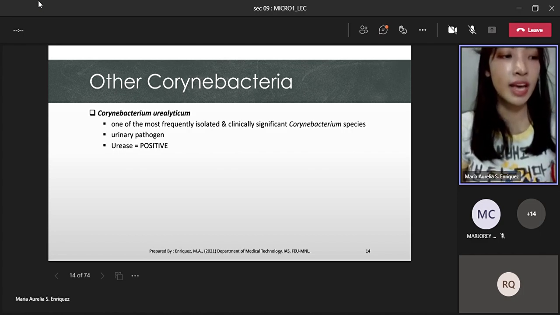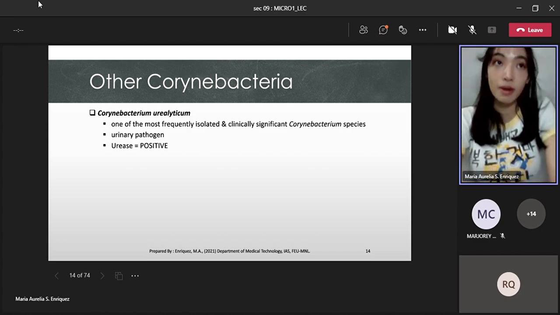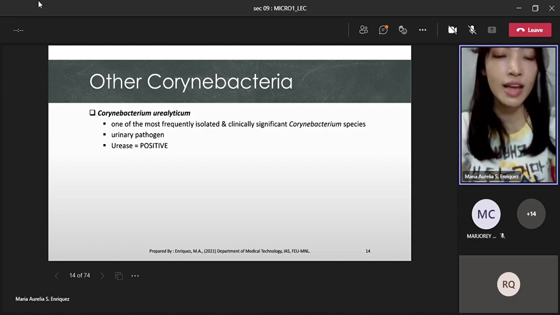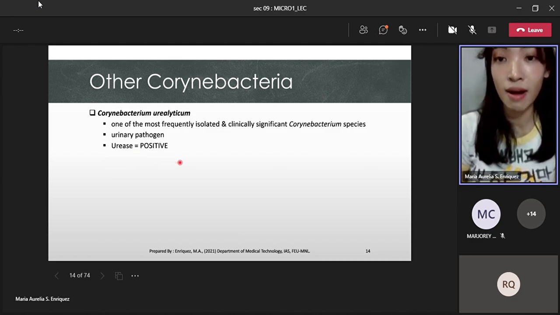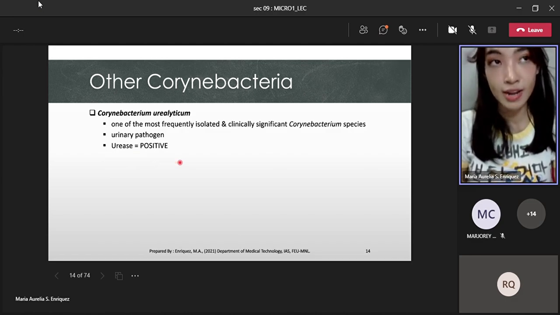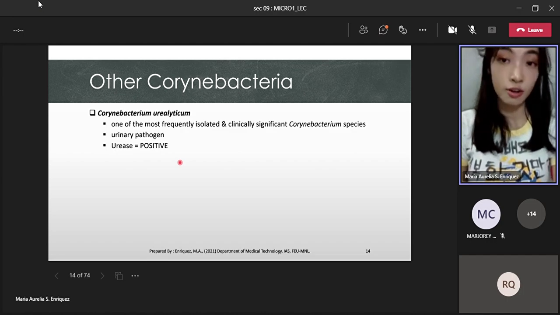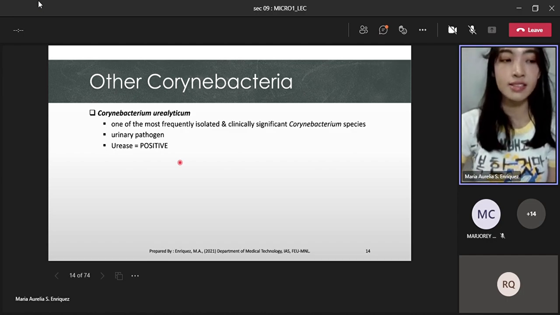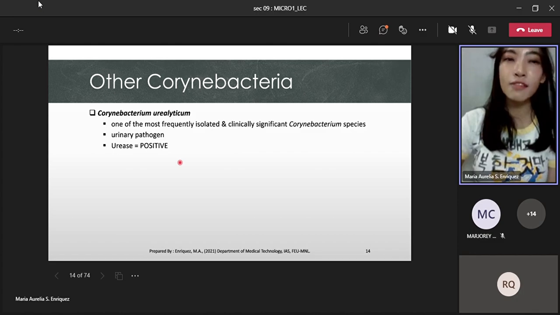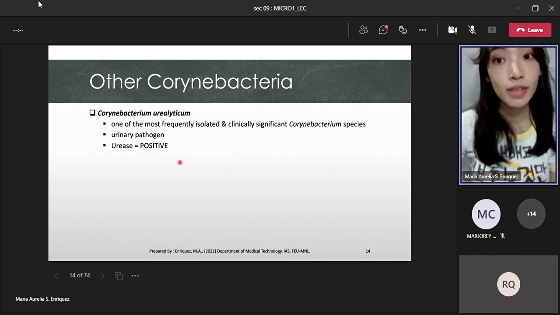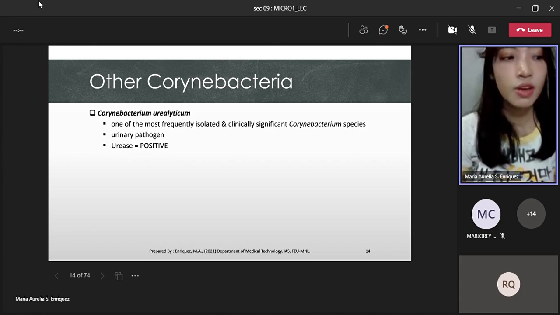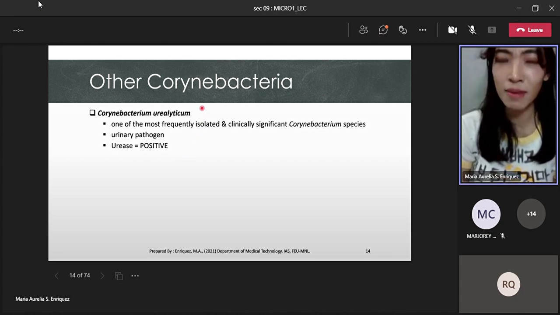Okay, so this is usually a urinary pathogen, so most likely ma-observe natin to in cases of UTI, and it is urease positive. So nabanggit natin kanina, di ba? Differential tests for Corynebacterium diphtheriae versus other Corynebacterium species, ayan, is the urease test. So kung negative yung C. diphtheriae, magpa-positive naman po ang Corynebacterium urealyticum. So as the name implies, di ba po, urealyticum, it is urease positive.